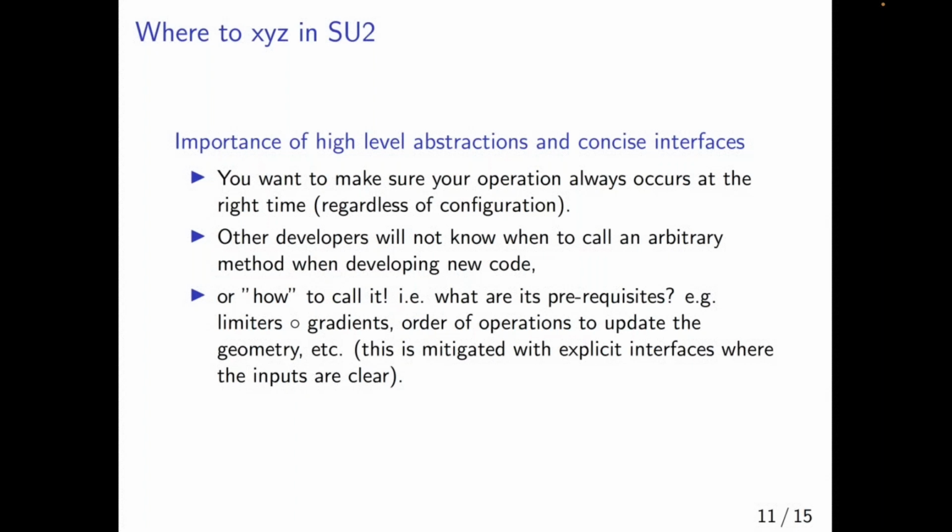Yeah, and also because other developers may not know where to call something that they've never seen before, or they may not know how to call it. So what are the prerequisites for that function to be called? An example of that is that you need to compute the limiters after you compute the gradients.